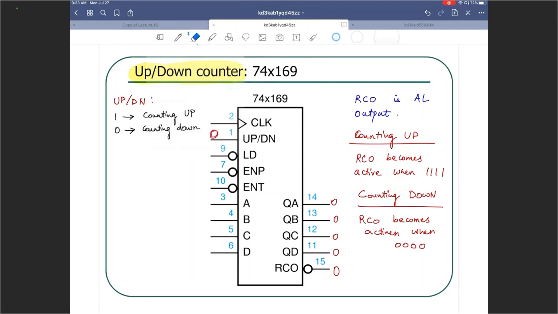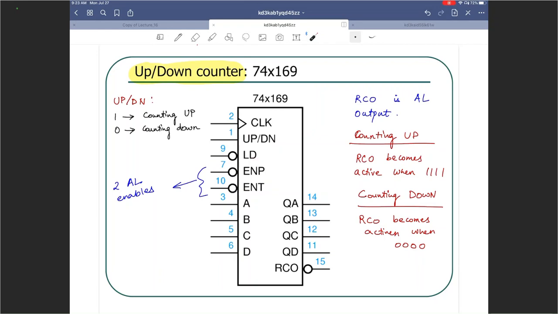These are also two different things. Two active low enables here. Earlier we had active high enables, and we talked about RCO, and we talked about the up and down input. Why is RCO an active low output now? Well, it depends on the kind of inputs.